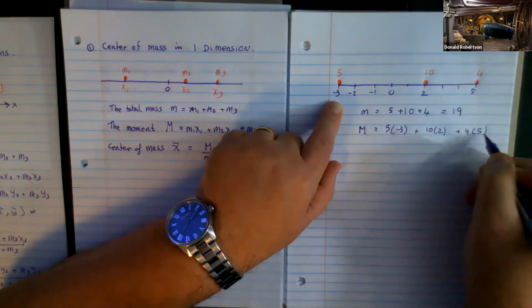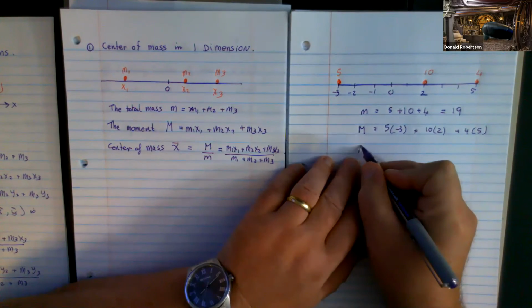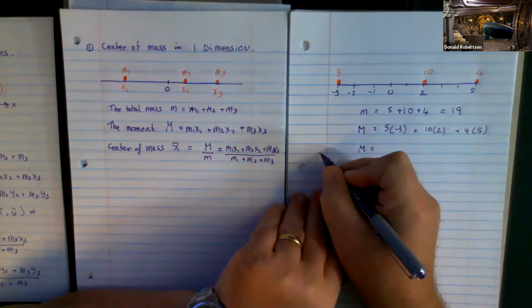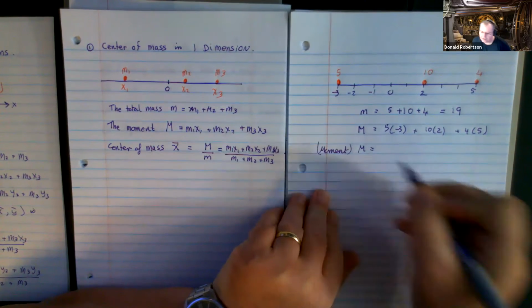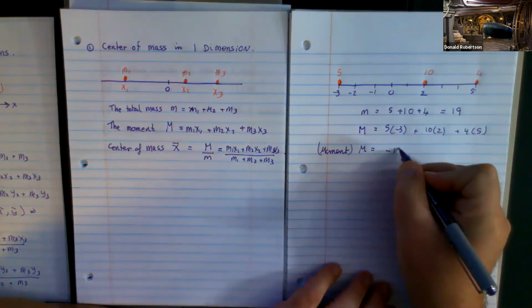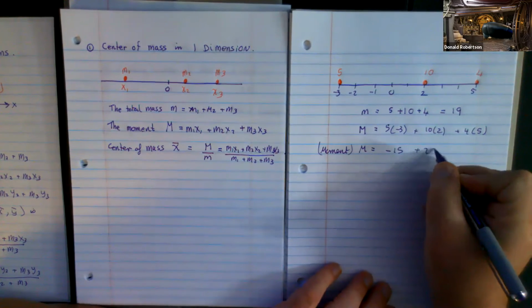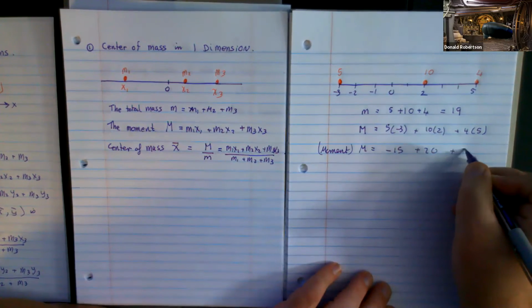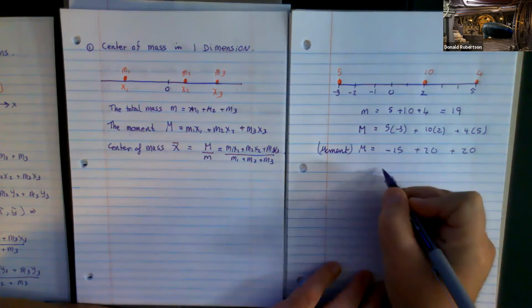And in this case, then, the moment, that's what we call this guy, the moment. The moment is whatever, -15, add 20, add 20. And I believe that comes out to be 25.